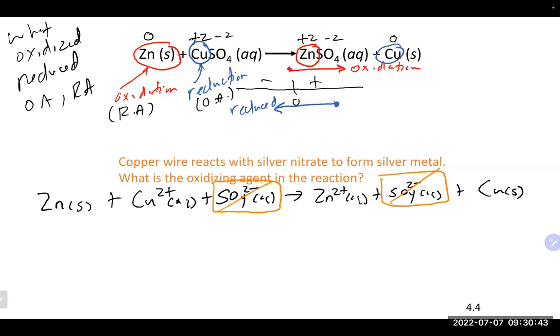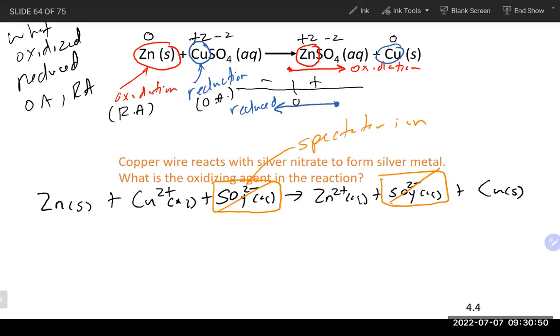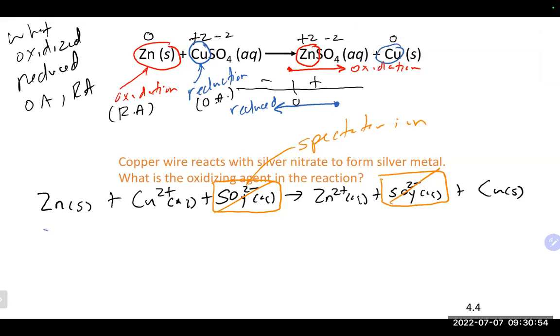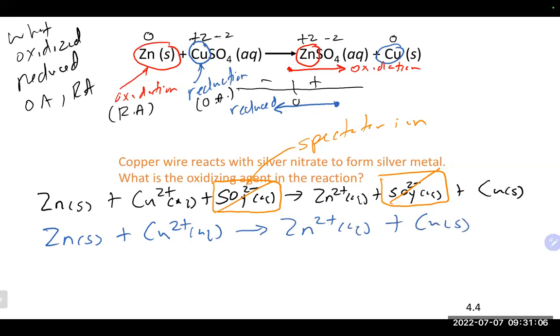So it's actually our spectator ion, which means if we got down to our net ionic equation to really describe what is happening here, it would be our solid zinc plus our copper with our +2 charge going to our zinc with a +2 charge and our copper with no charge here. And that would be our net ionic equation of what's going on.